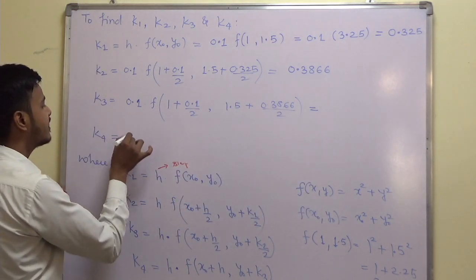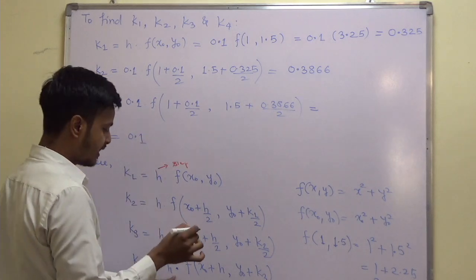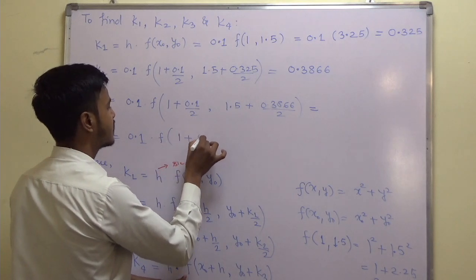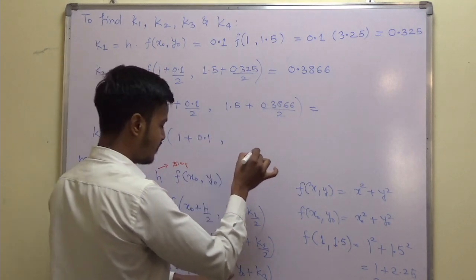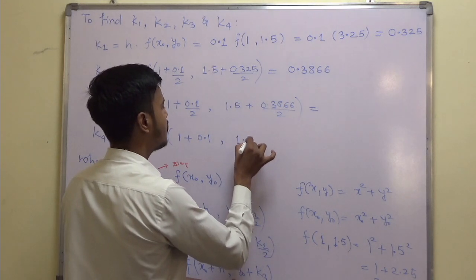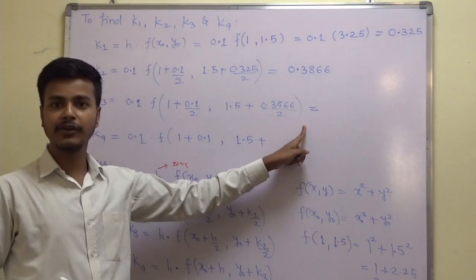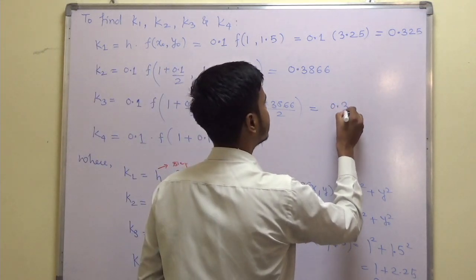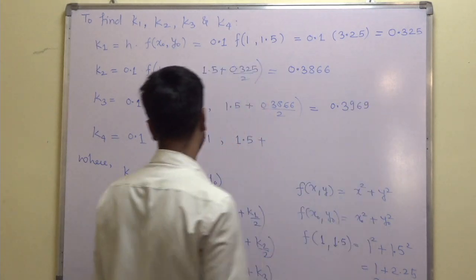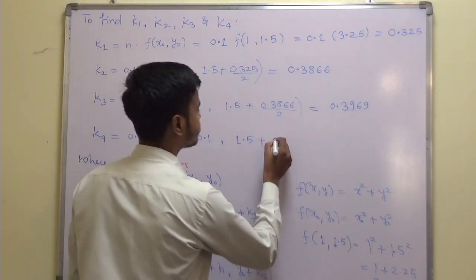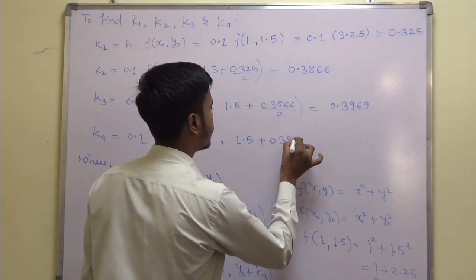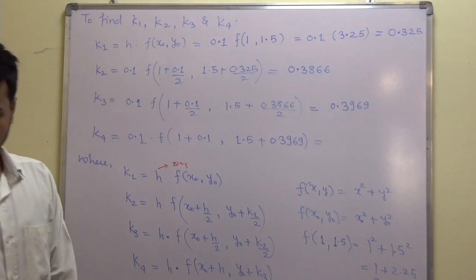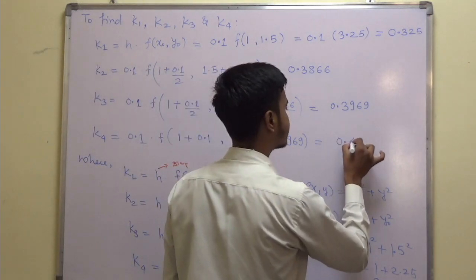What is k4? k4 is 0.1 into f of x0 plus h, so 1 plus 0.1, and y0 plus k3, so this is 1.5 plus. Have you found the value of k3? This comes out to be 0.3969. And when you solve this with 0.3969, the value comes out to be 0.4808.